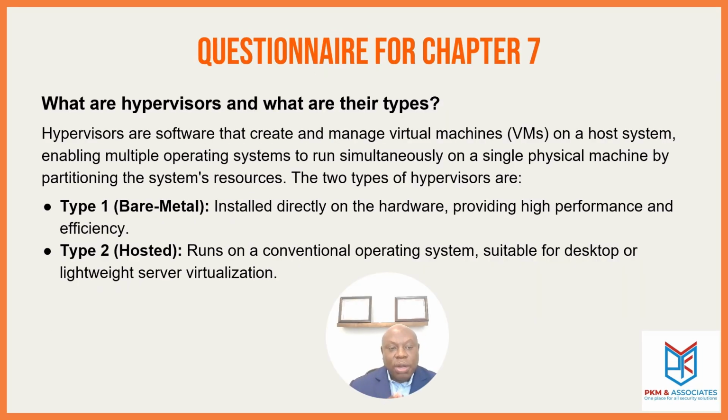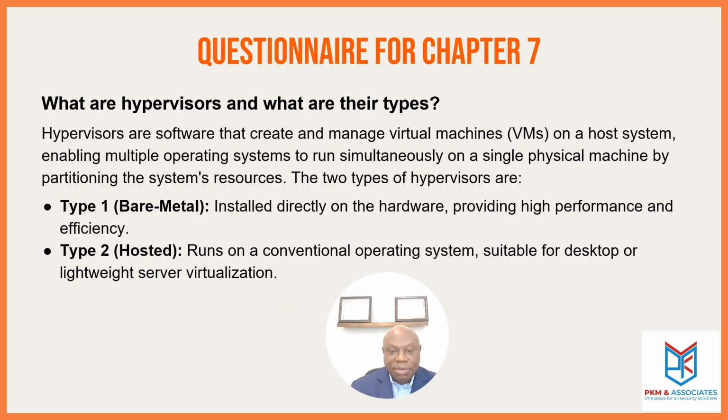Okay, so what are hypervisors and their different types? Again, I kind of covered it a little bit before. Hypervisors are software that create and manage virtual machines, VMs, on a host system, enabling multiple operating systems to run simultaneously on a single physical machine by parsing out the system resources.